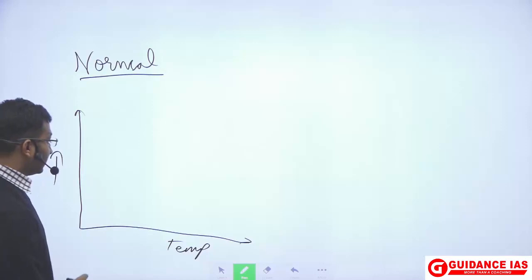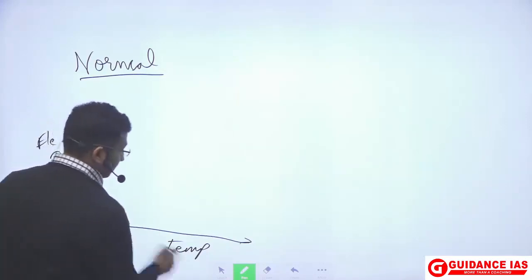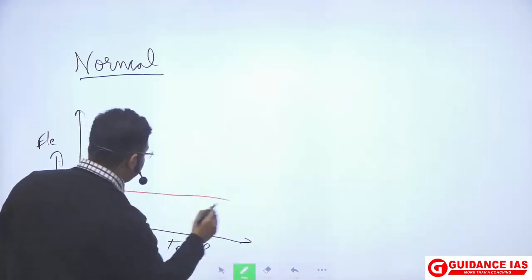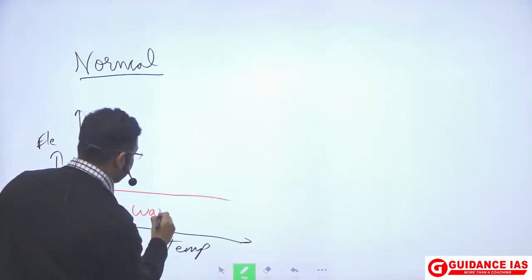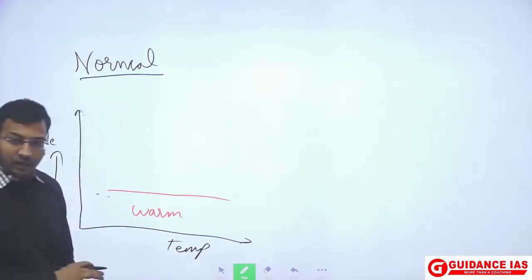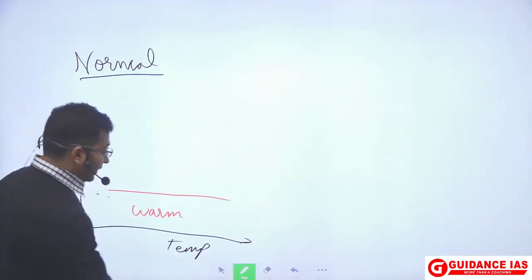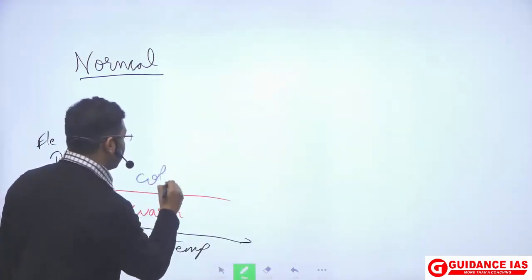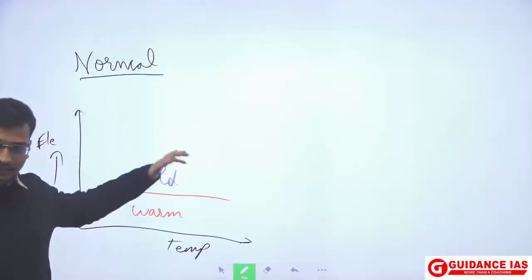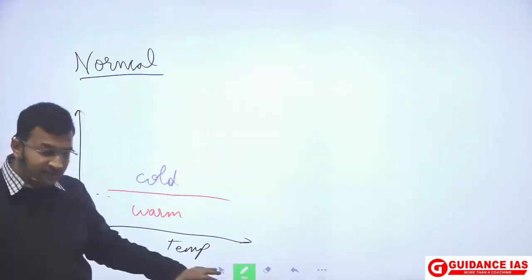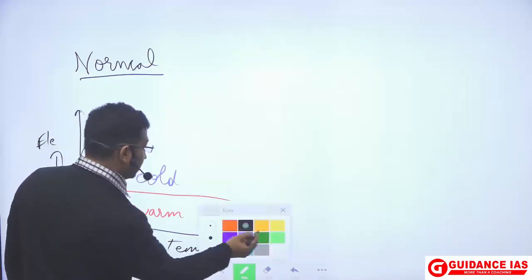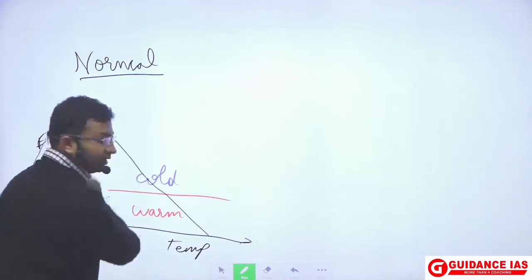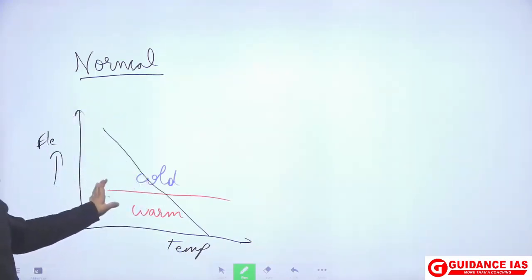In normal conditions, there is warm air mass along the ground surface. There is cold air mass at certain elevation. So in normal condition, what happens is the temperature goes on decreasing as you move higher. Okay, this is the normal situation.